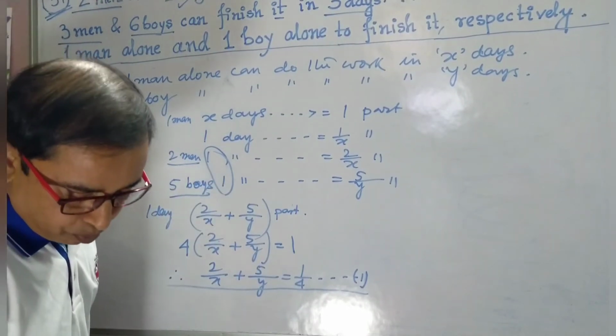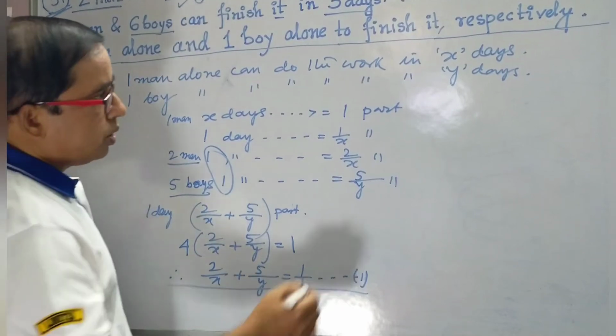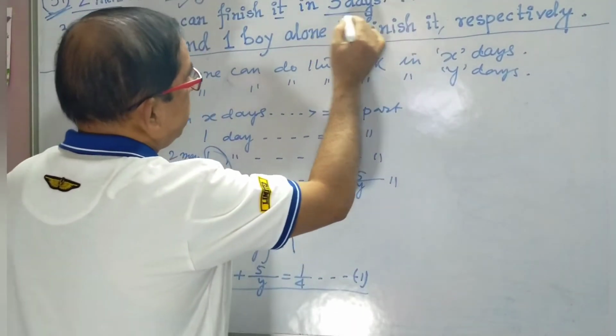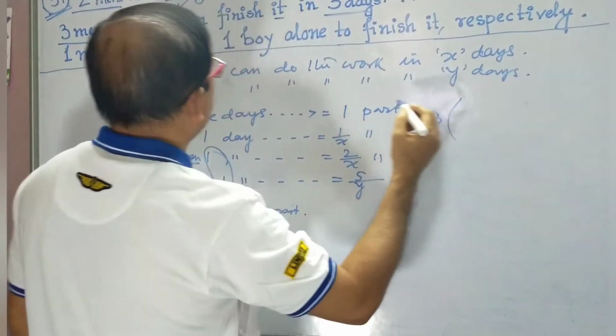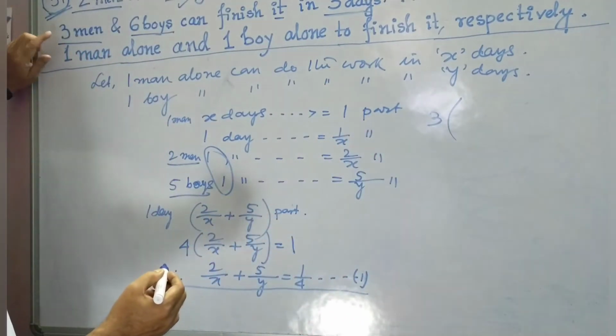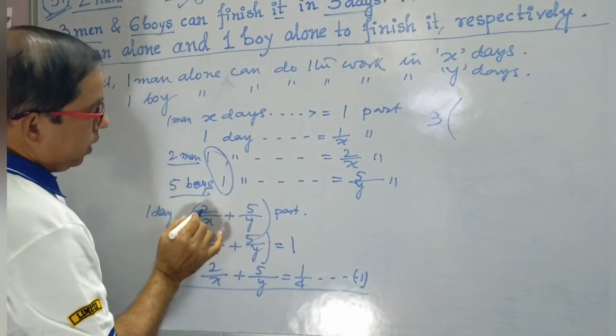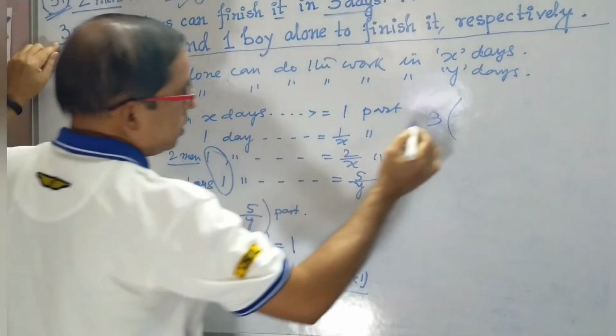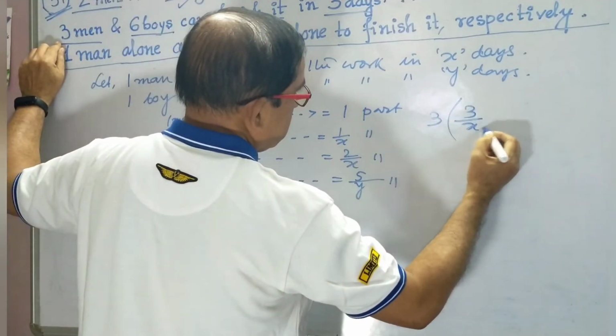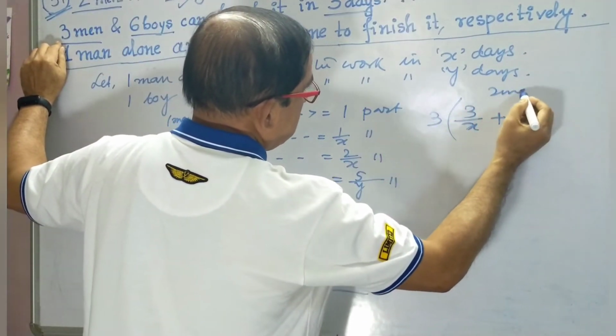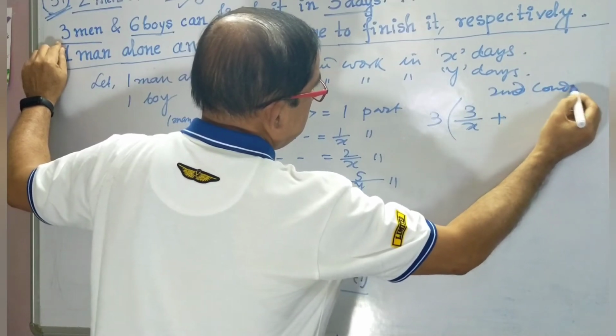And similarly, equation 2: you see there, it is 3 days. 3 into, how many men? 3 men. Here 2 men was 2 by X, so for 3 men it will be 3 by X. This is the second condition.